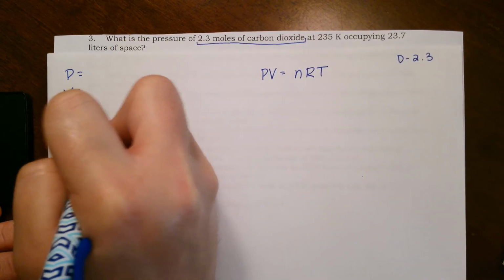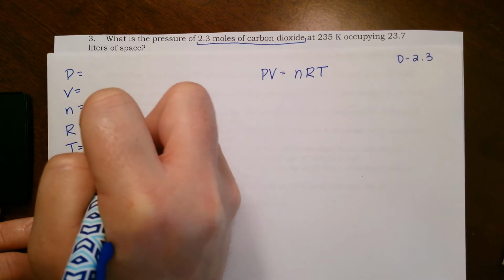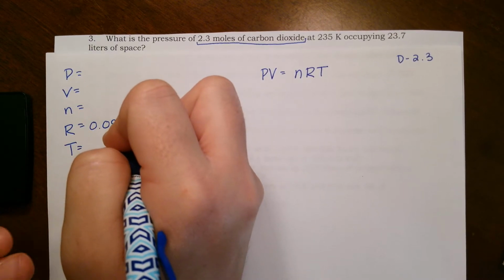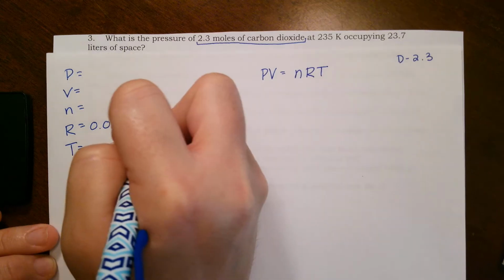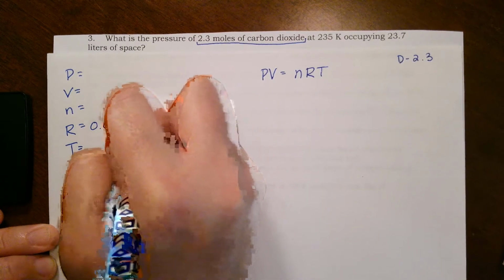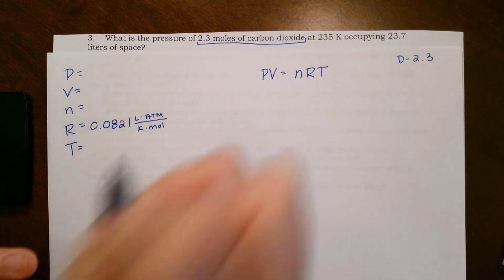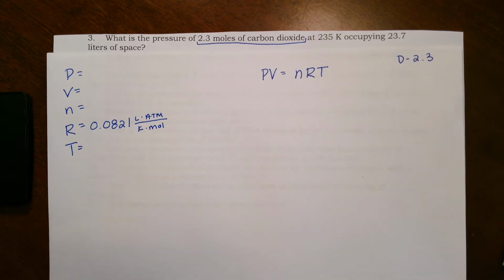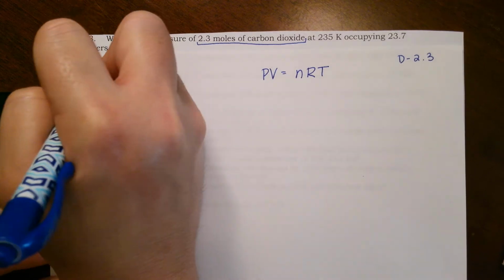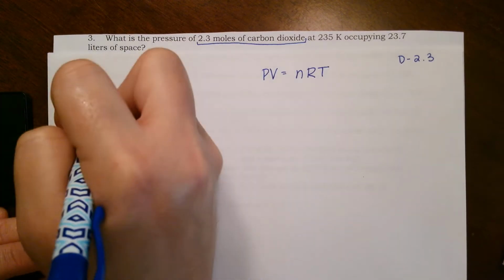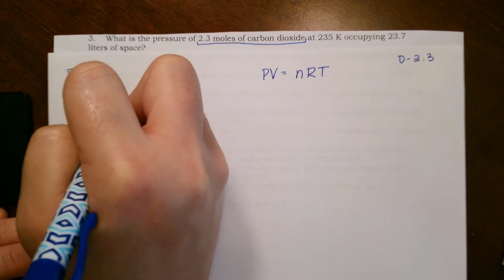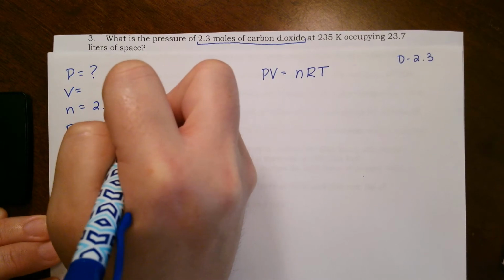R is always the easiest one. That's our gas constant, in liters atm per Kelvin mole. We pull everything else out from the problem. It's asking what is the pressure, so that's our unknown, of 2.3 moles, which we can add as CO2.